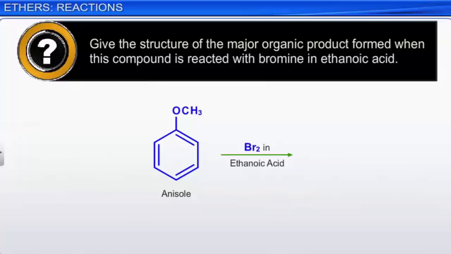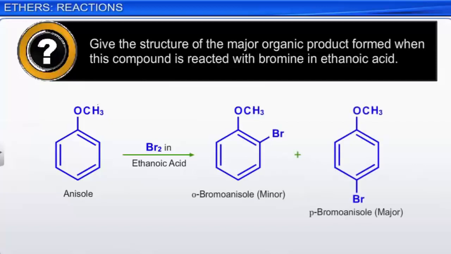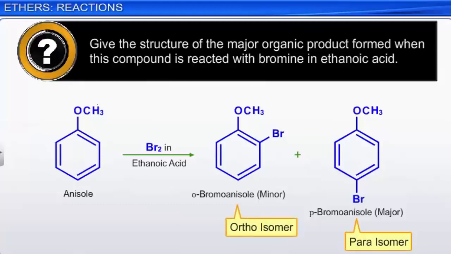The methoxy group is ortho-para-directing, so both the para as well as the ortho isomers will form. The para isomer is the major product. Hence, para-bromoanisole is the major product.